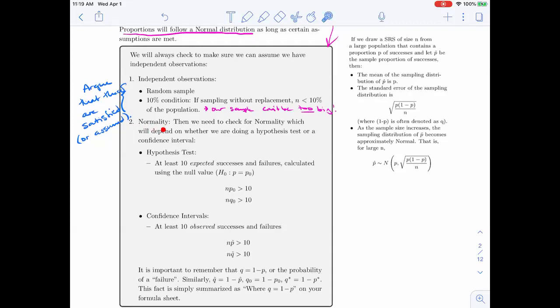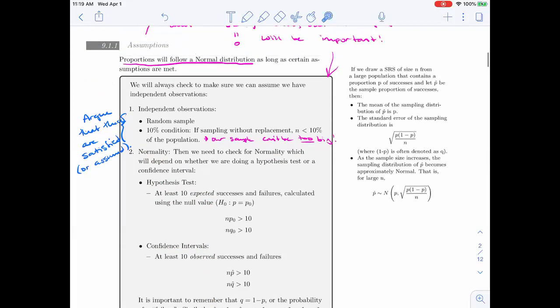The normality condition changes depending on if we're doing a hypothesis test or a confidence interval, right? So you'll want to read the question and figure out which one you're doing. If you're doing both, then you can just go ahead and check both right away when you're checking your assumptions.